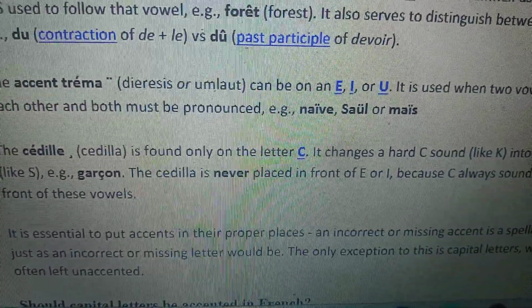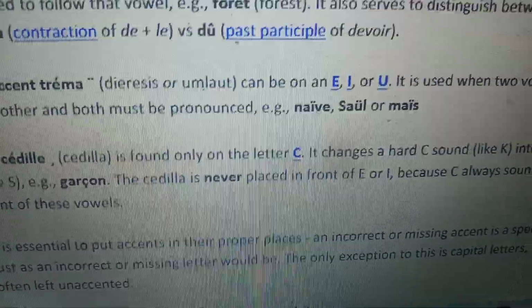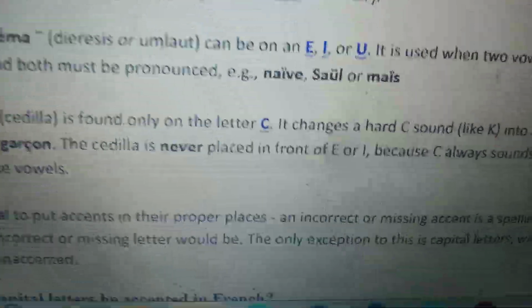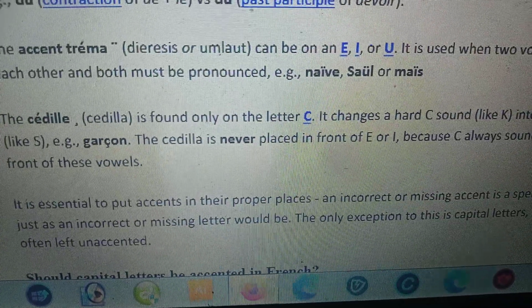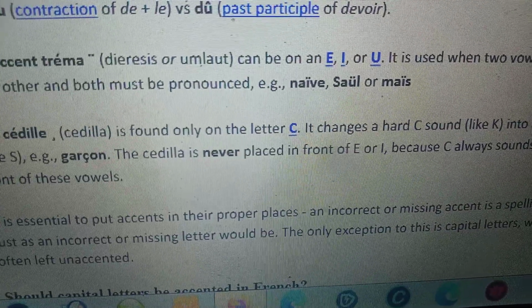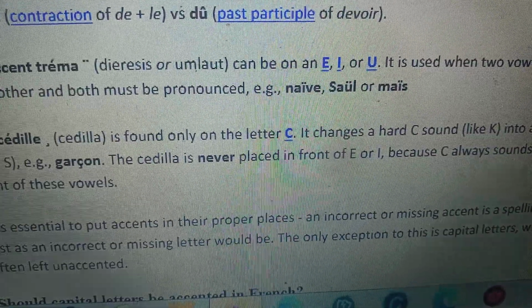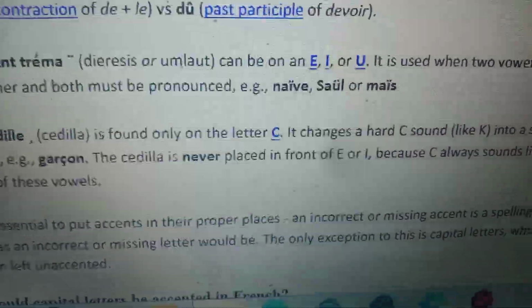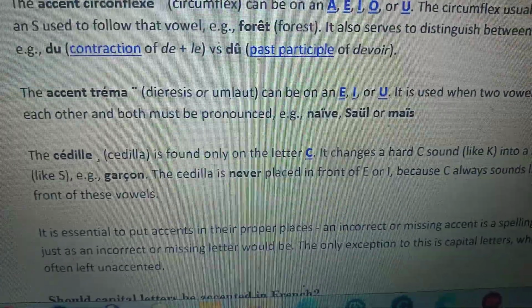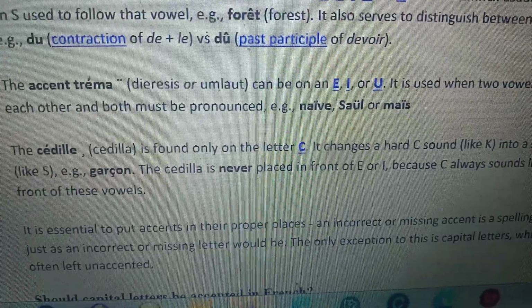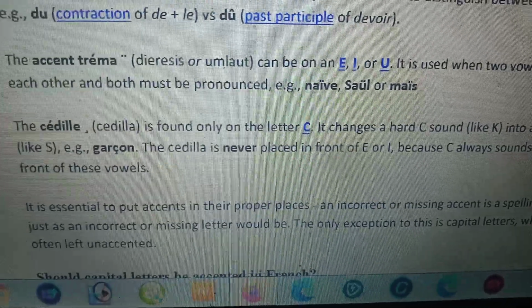It is essential in French to put accents because when they're missing in a word, the word is incorrect, just like any missing letter would be. The only exception to this is capital letters, which are often left unaccented.